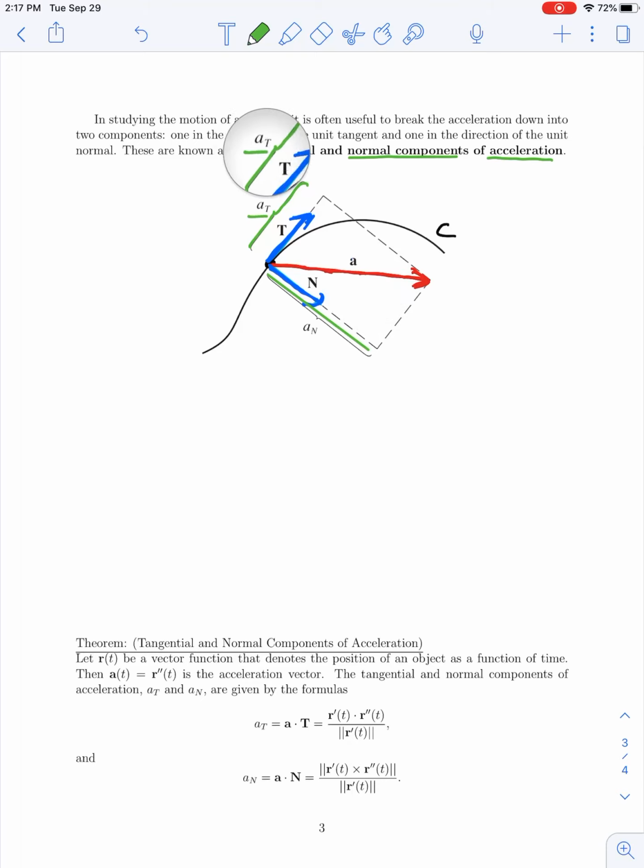And these are denoted as A sub t or A sub n for the tangential and normal components of acceleration. So let's see if we can introduce or derive a formula for the tangential or the normal component of acceleration. So let's consider the tangential component of acceleration.